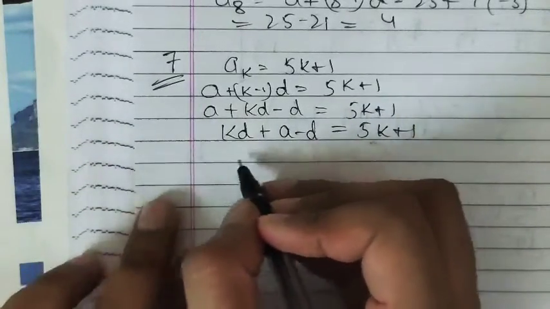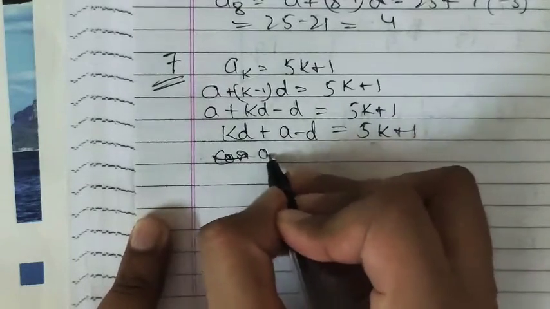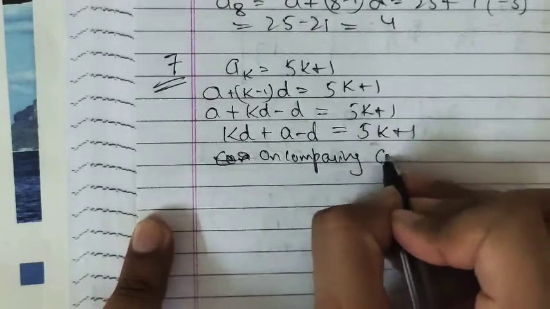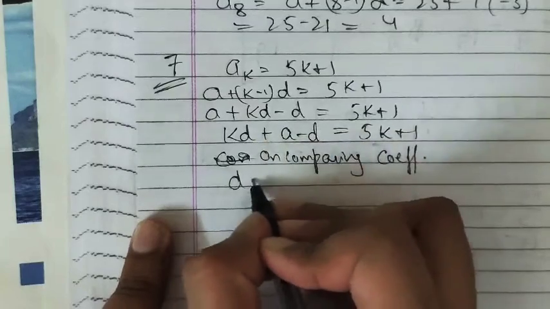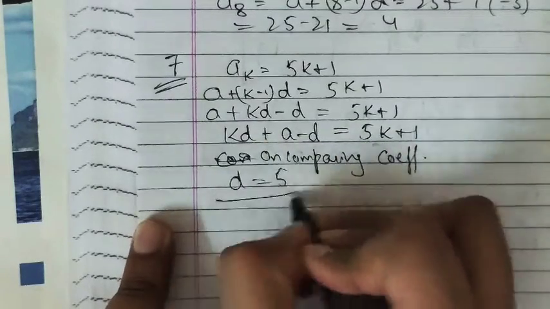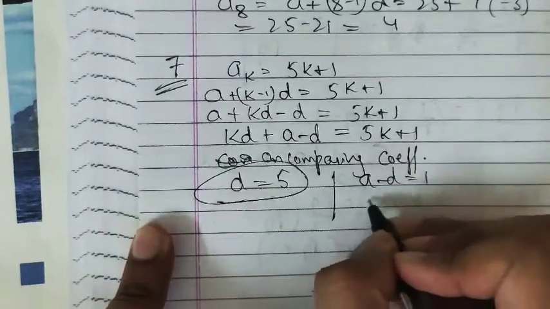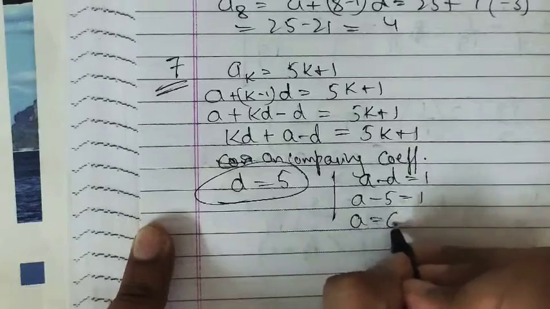So if we compare the coefficients, here with k we have d, here with k we have 5, so d is equal to 5, and a minus d is 1, so d is 5, so a minus 5 is 1, so a is equal to 6.